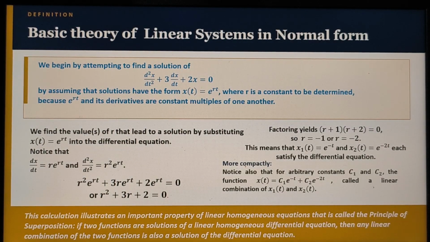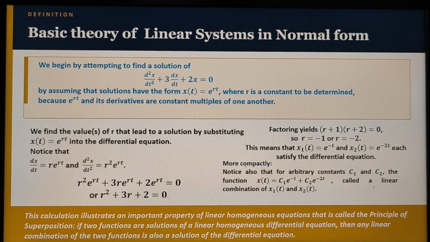If we consider a simple second order linear differential equation, we know e to the power rt, or e to the power mt, is the trial solution. When you substitute this trial solution into the equation, we get r equal to minus 1 or r equal to minus 2.